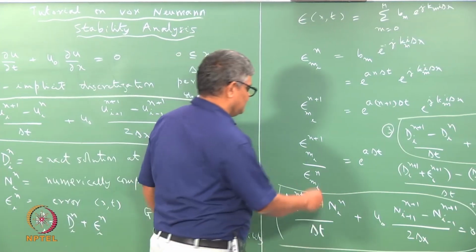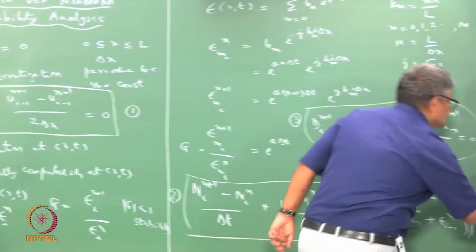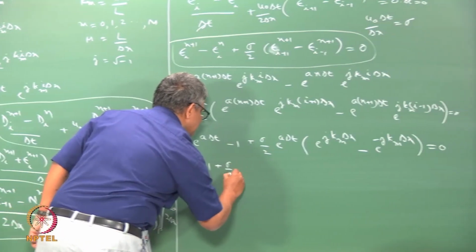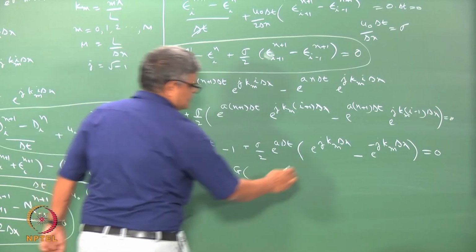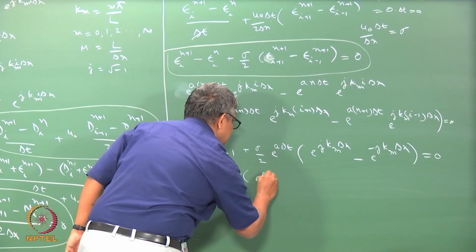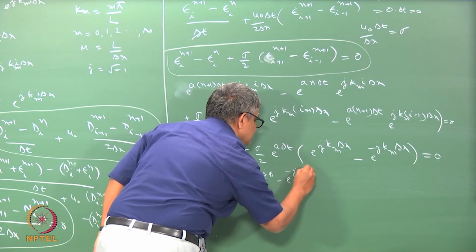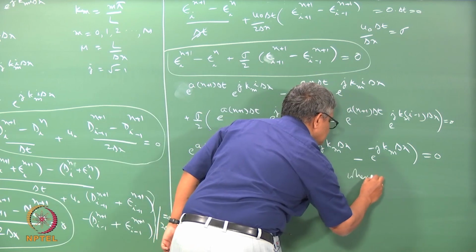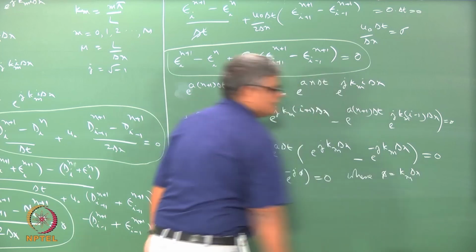So this is our G here. Okay, so we can write this as G minus 1 plus sigma by 2, this is again G, times E j phi minus E minus j phi equal to 0, where phi is equal to km delta x.